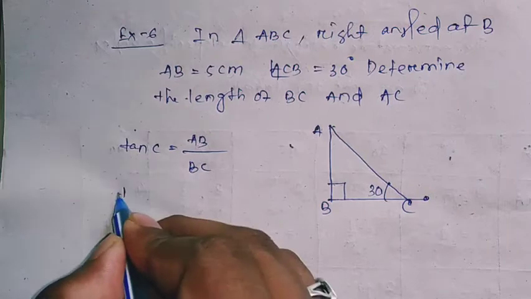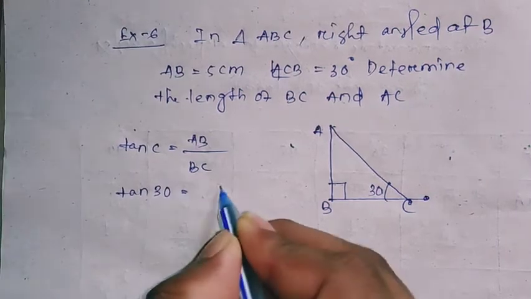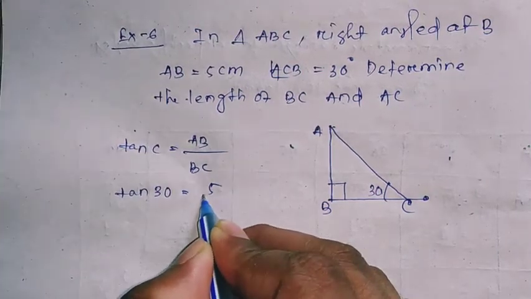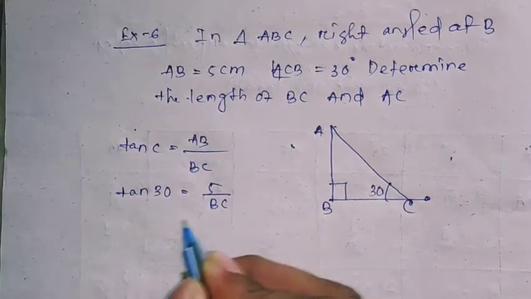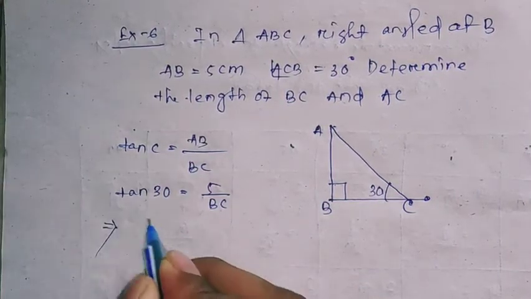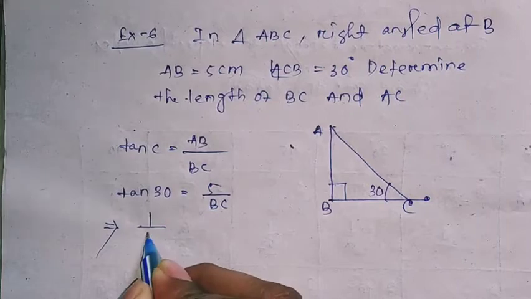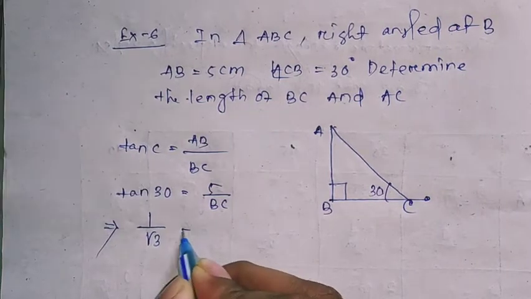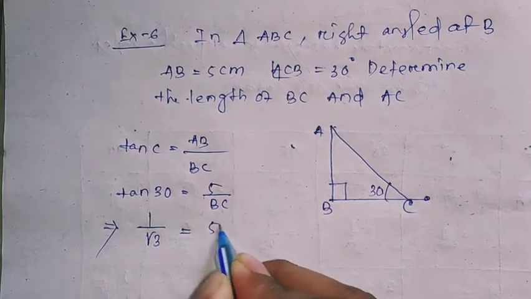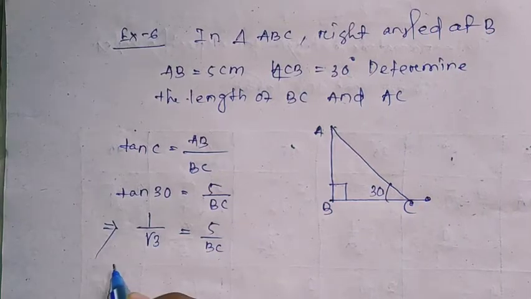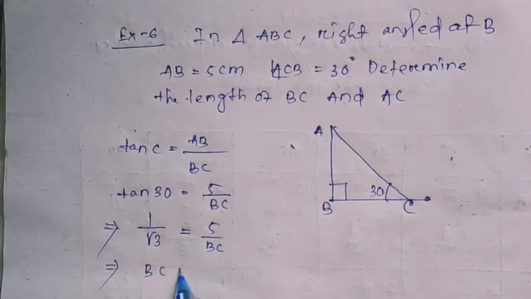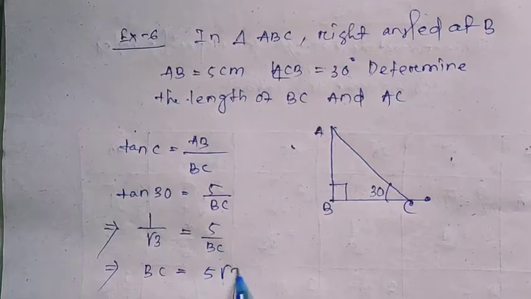So tan C means tan 30 is equal to AB, which is 5 given, divided by BC. This implies the value of tan 30 will be 1 by root 3, which is equal to 5 by BC. From here I can easily evaluate BC is equal to 5 root 3.